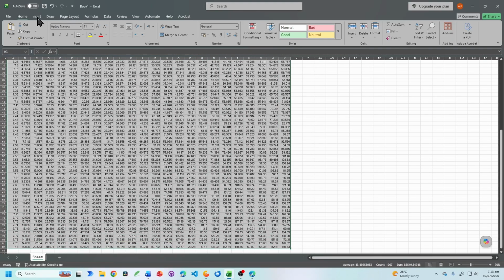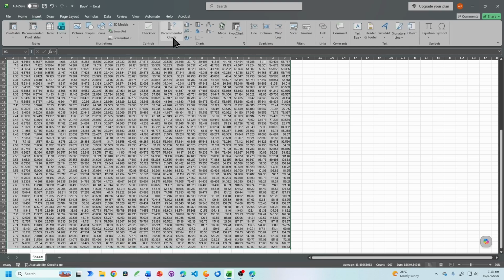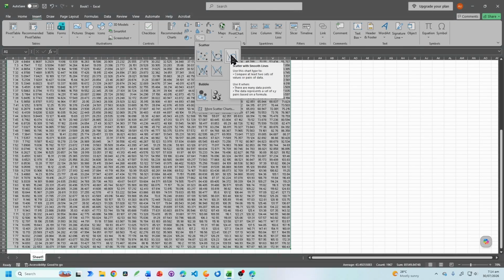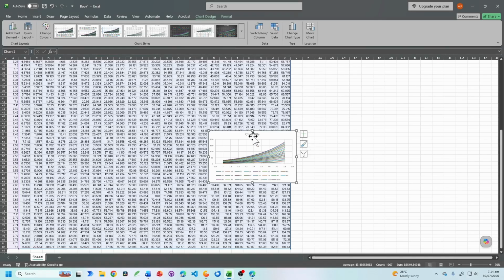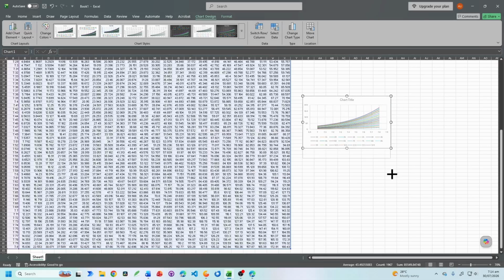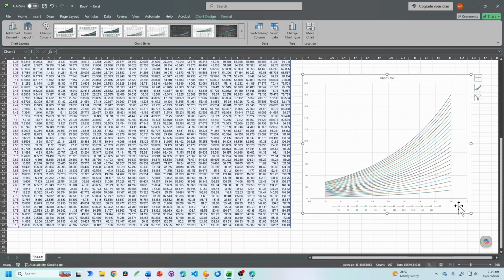So now we will go to insert, and here I will go to graphs, and from here we have the scatter graph, and I will select this one, the scatter with smooth line. And here we have a very nice graph. Oops, very nice graph, and we will label it properly, no worries.